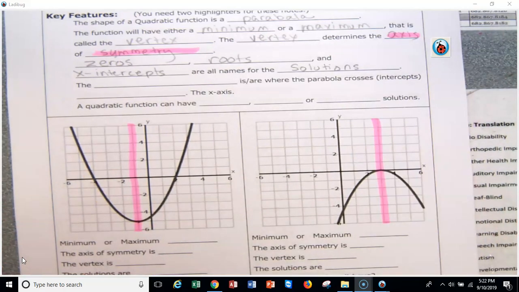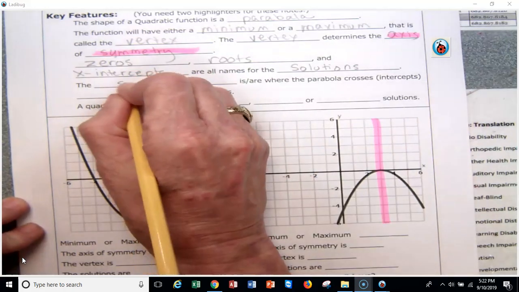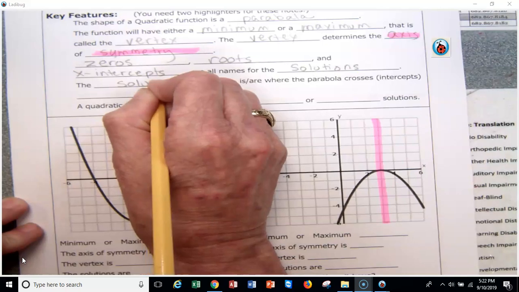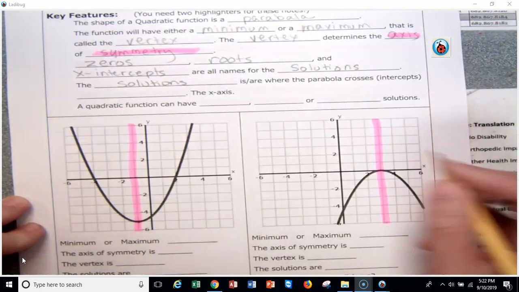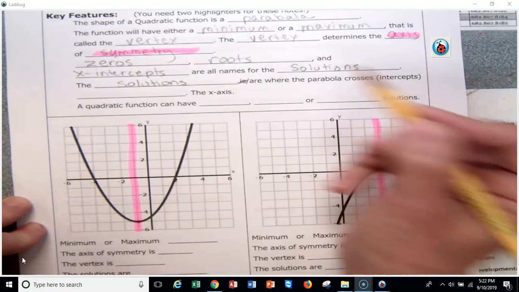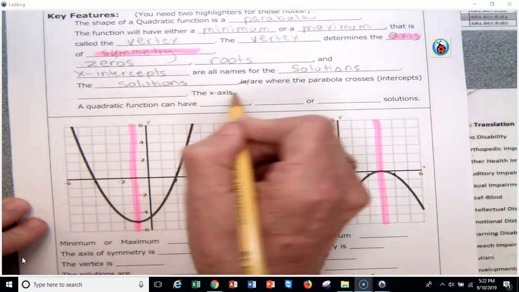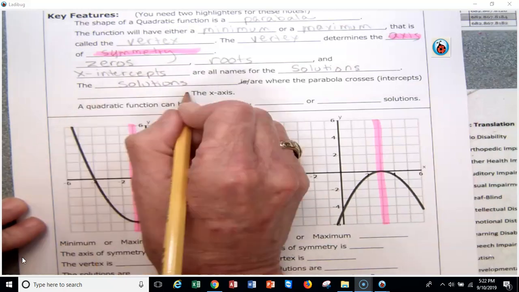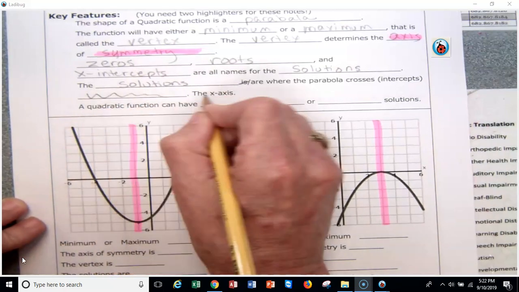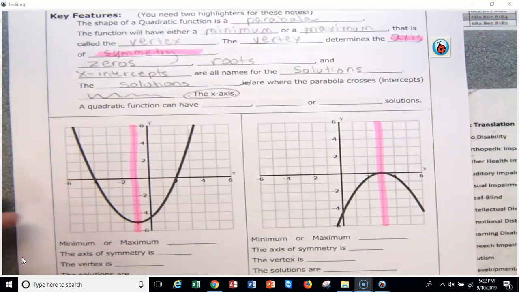So what we're going to look at right here is we're going to fill this in and say the solutions are where the parabola crosses the x-axis. Okay, so this is like an extra space here. This shouldn't even be here because it crosses the x-axis right there.